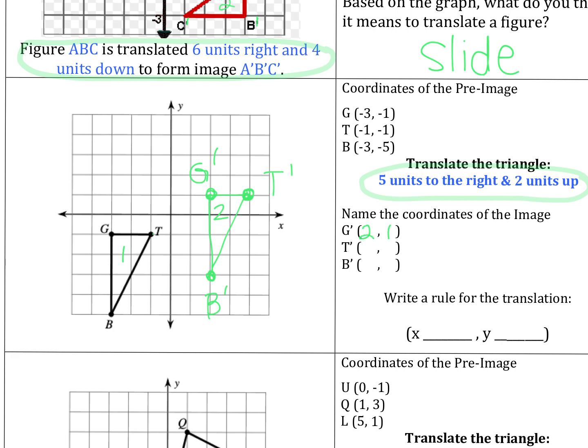My new letter T is 4 and 1. And my new letter B is 2 and -1. If I were writing a rule for this translation, I went 5 to the right, which means I went plus 5, and I went 2 up, which means I added 2.